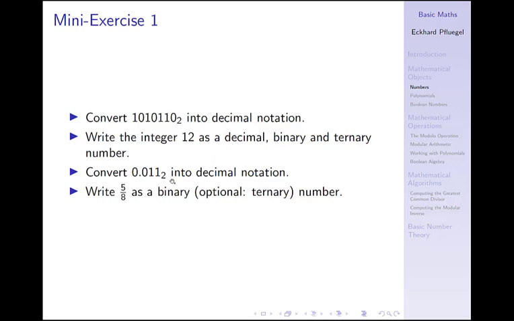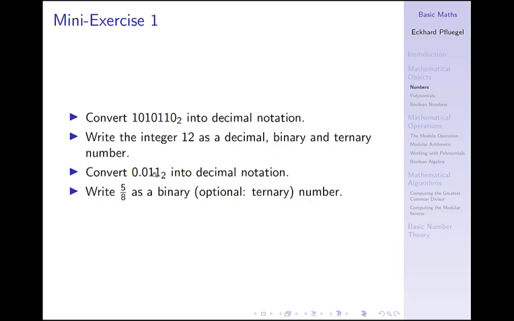And then, slightly more difficult, we are dealing now with this number here, which has a full stop. So we're dealing here with negative powers, and the basis is 2. Can you convert this to decimal notation? So you get a decimal number.